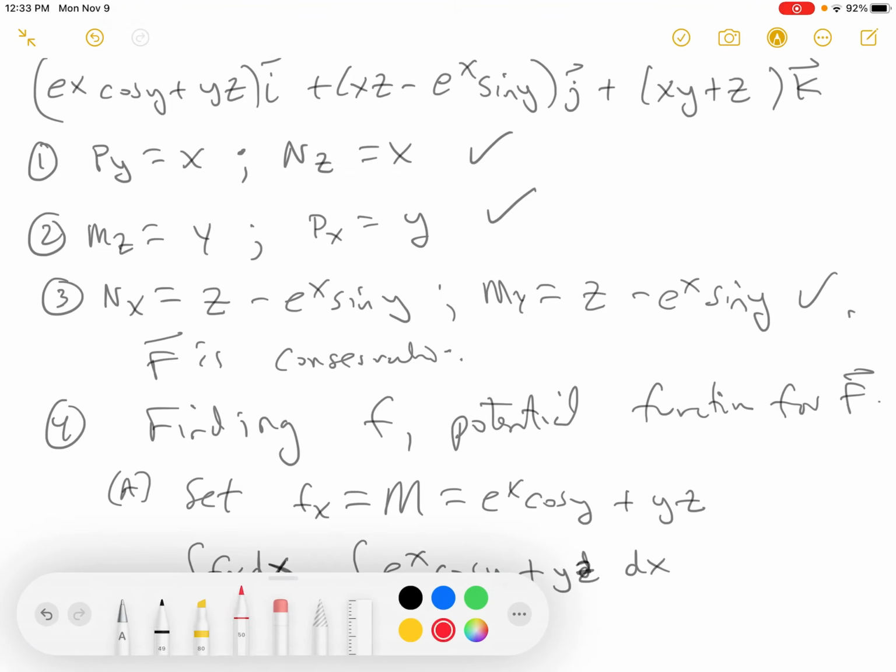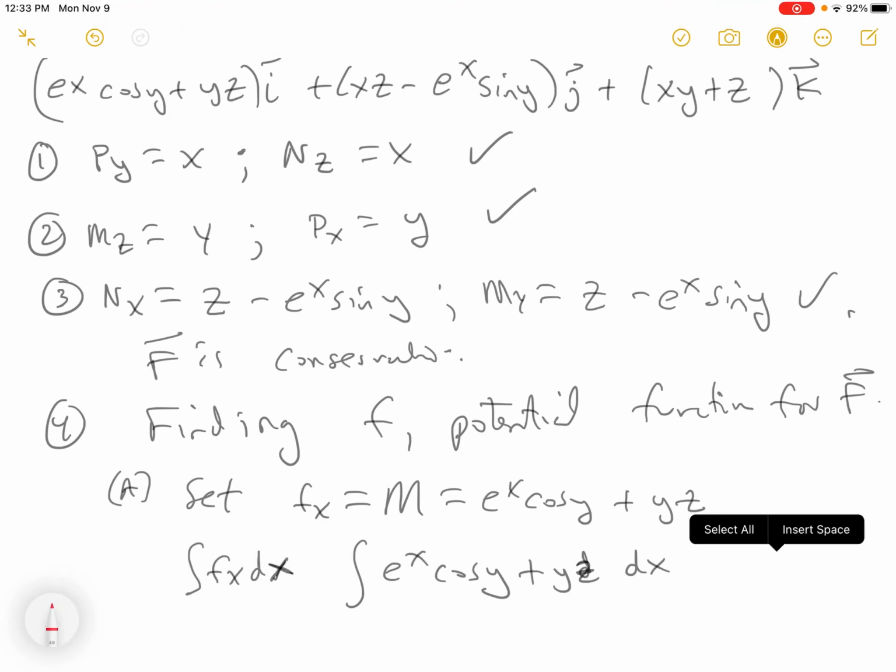Because we want f of x to become x. So we integrate to make the x's come up.